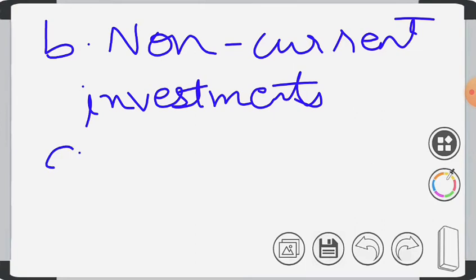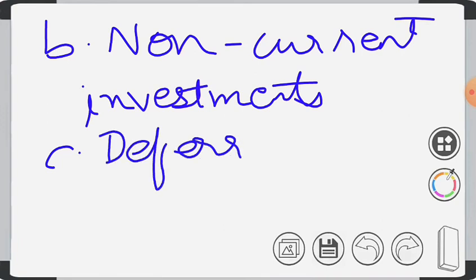Sub point of non current assets, C is deferred tax assets.